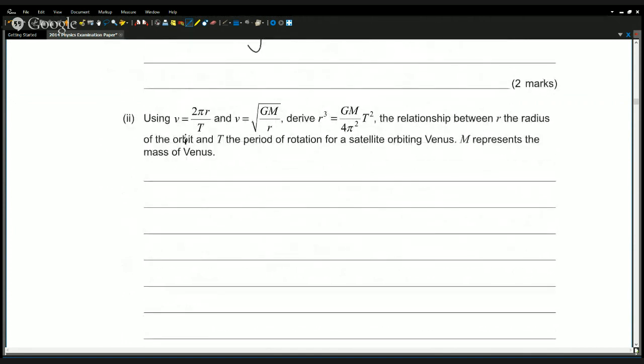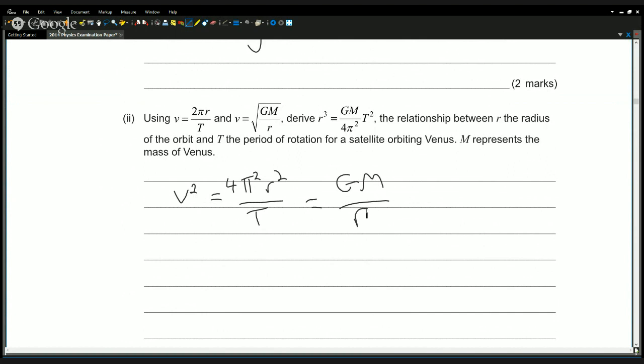All right, so we want to derive that formula. That's not too hard. We've got those two, so we don't even have to find the equations on our sheet. So v squared, I'm just going to go straight in and square this, equals 4 pi squared r squared on T squared. And that's also equal to, if you square the other equation, GM on r.